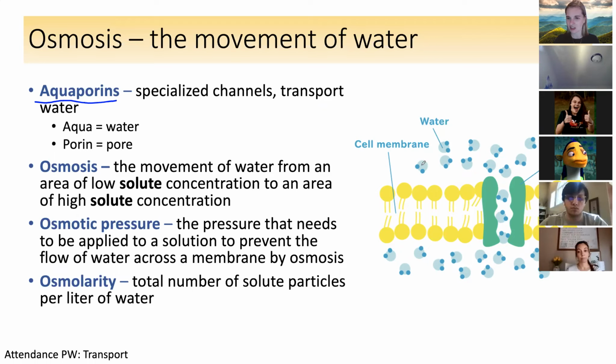These are our little water molecules. Here's our phospholipid membrane, and this green structure is an aquaporin. A way to remember this is aqua means water, and porin is referring to a pore. So this is literally a water pore that can appear in our cell membranes, and the only thing that can pass through it is water itself.